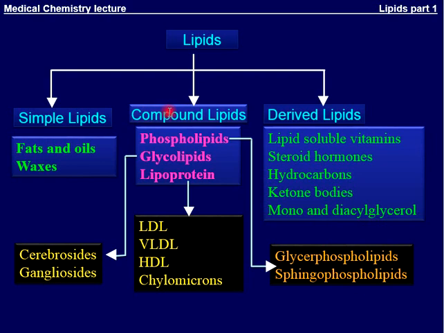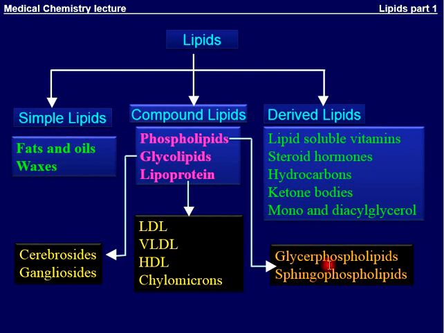Compound lipids contain fatty acid plus alcohol plus another compound. If the other compound is phosphate, we have glycerol phospholipids and sphingophospholipids, depending on the alcohol group.